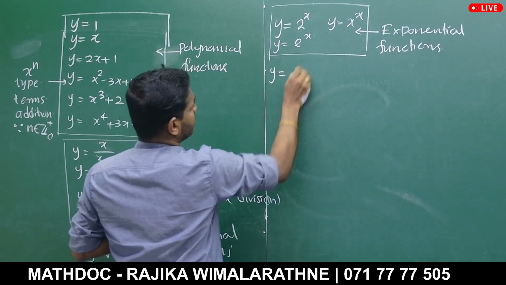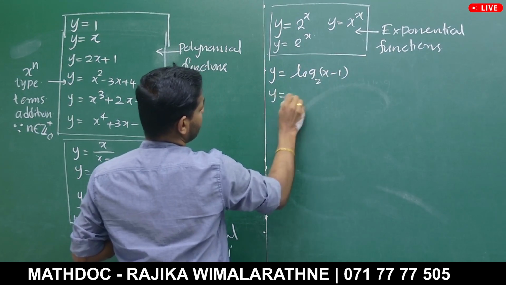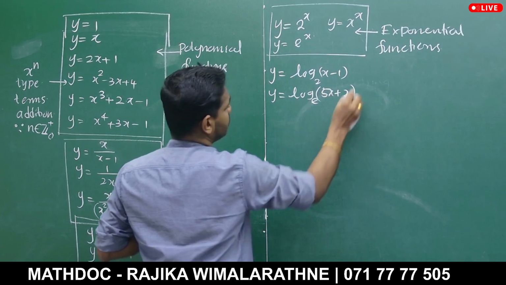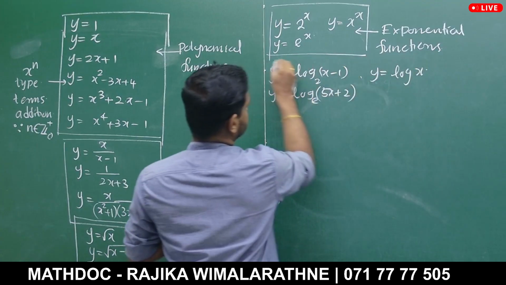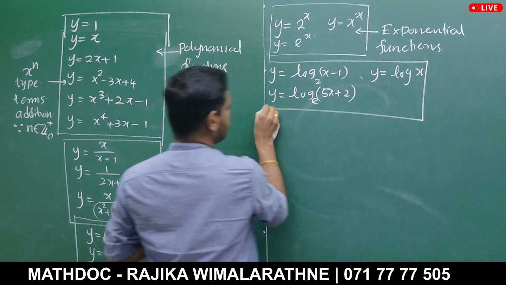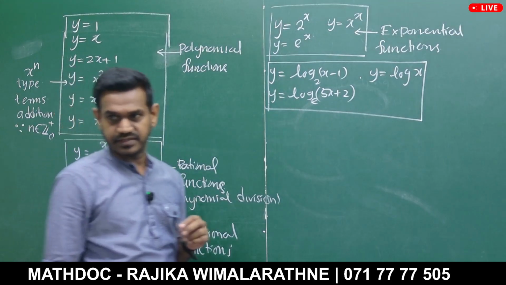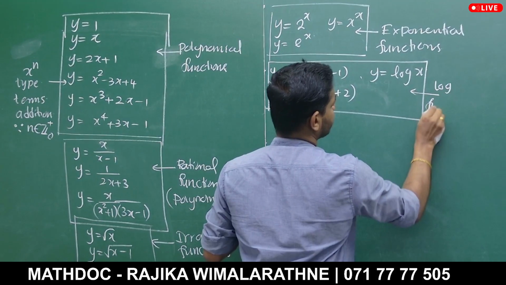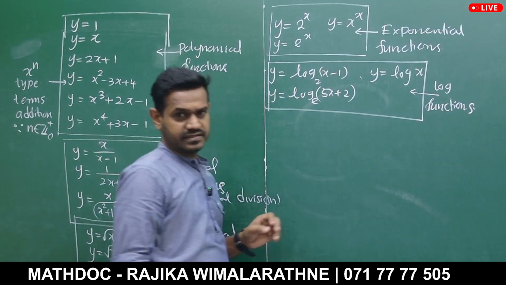Then y equals log base 2 of x minus 1, y equals log base e of 5x plus 2, y equals log x. Here we have logarithms, so especially we say logarithmic functions.